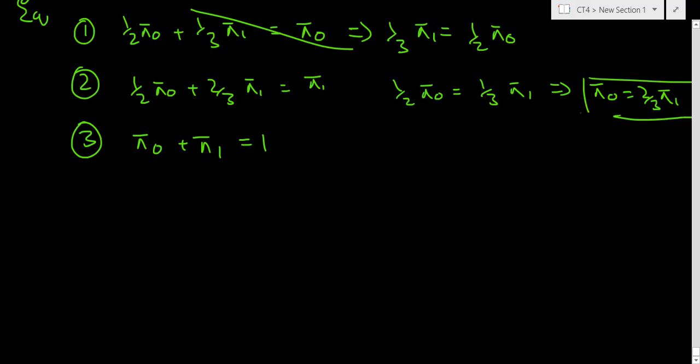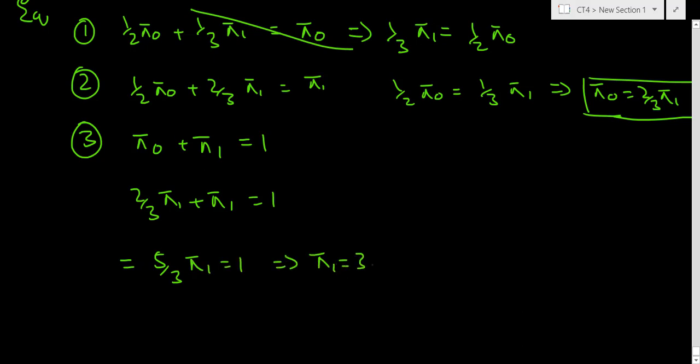Now I can substitute this value of pi 0 into this equation, so that becomes 2/3 pi 1 plus pi 1 equals 1. If I add them, it becomes 5/3 pi 1 equals 1, which implies that pi 1 is equal to 3/5.